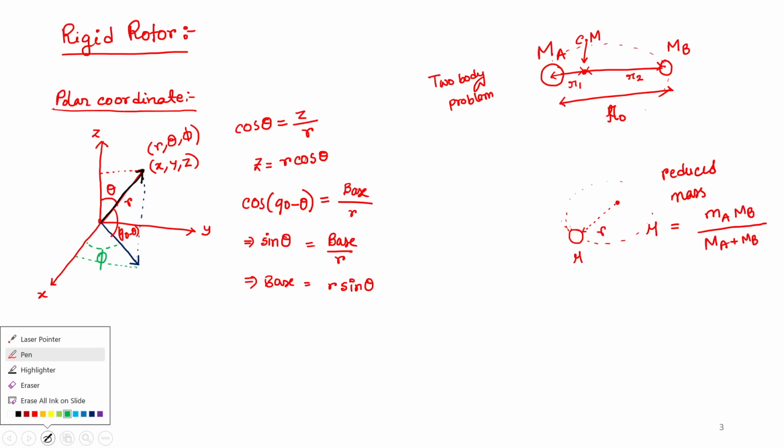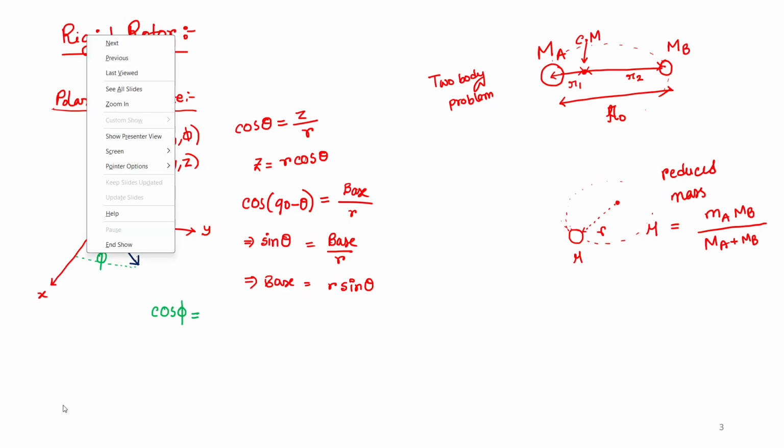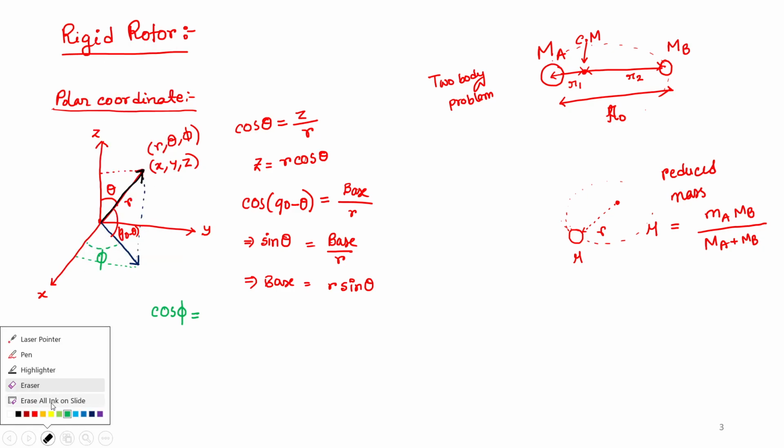So now this is making an angle phi with the x-axis. So cos phi will be the base divided by the hypotenuse, that is, cos phi is x by r sine theta.